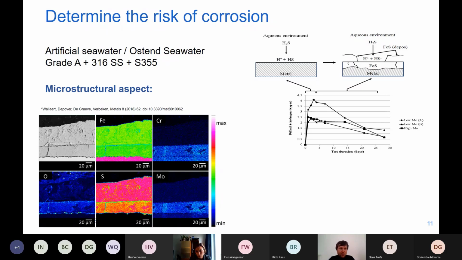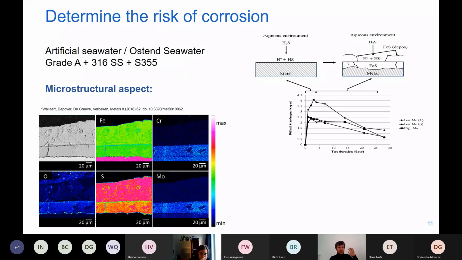This formation of the corrosion product also has an influence on the hydrogen uptake. As you can see on the right-hand side, you see an increase in hydrogen content in the beginning when there is no corrosion product present. But once you have this corrosion product, you see a decrease in the content of hydrogen. This is because a lot of hydrogen is already released outside the iron sulfide layer and will be lost to the environment as H2, so molecular hydrogen.